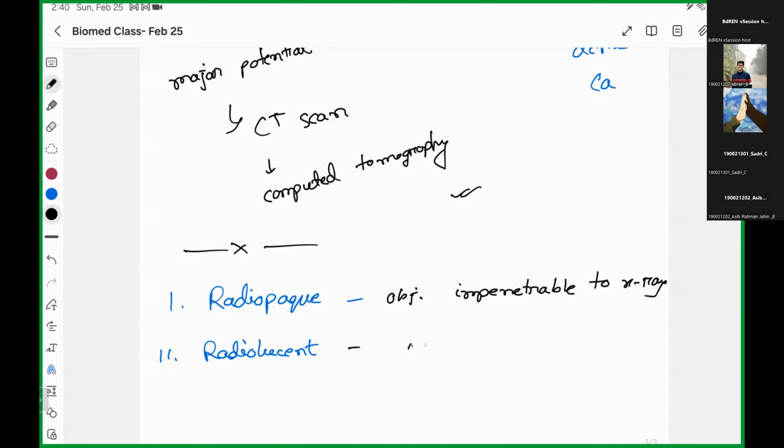And radiolucent means an object that is transparent, translucent. An object that is transparent to X-ray.